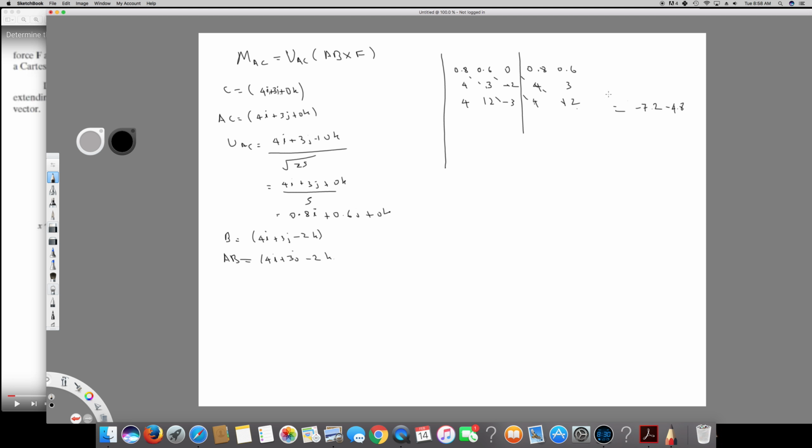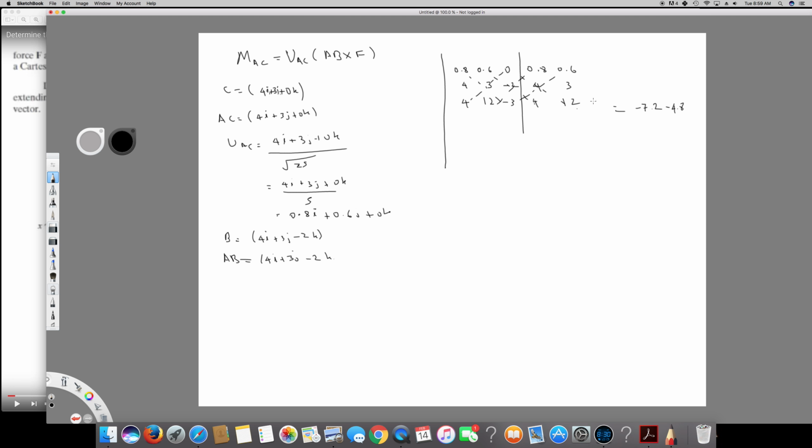Now I'm going to calculate the negative direction. This is going to be 0, and this is negative 0.6 times 4, which is 2.4, 2.4 times 3 is 7.2.